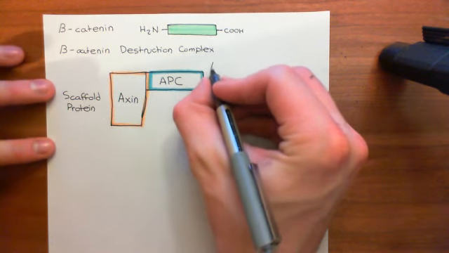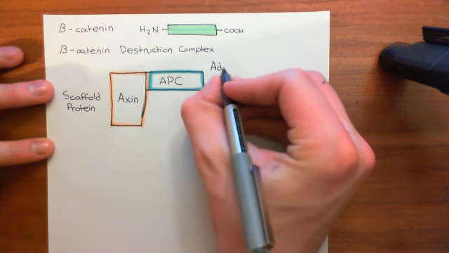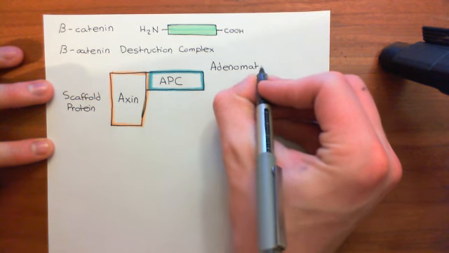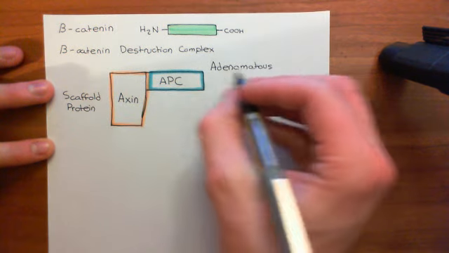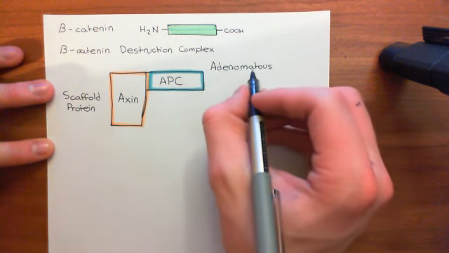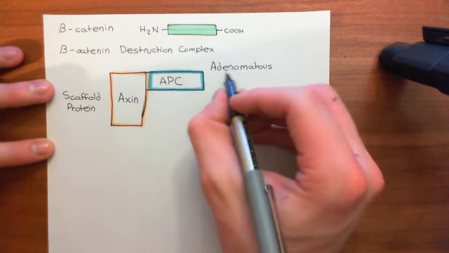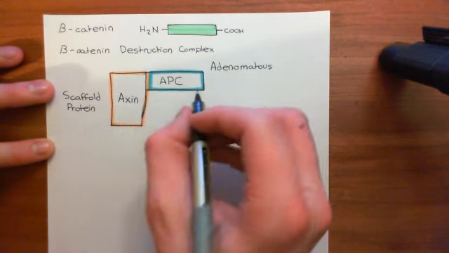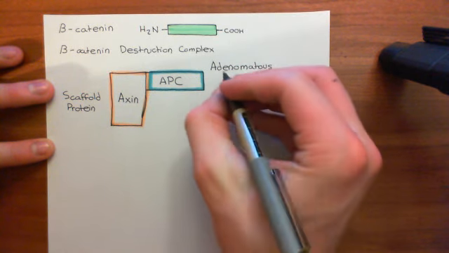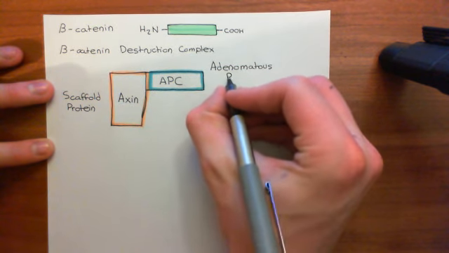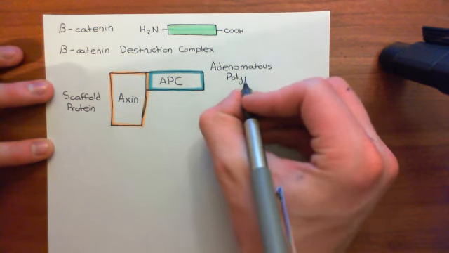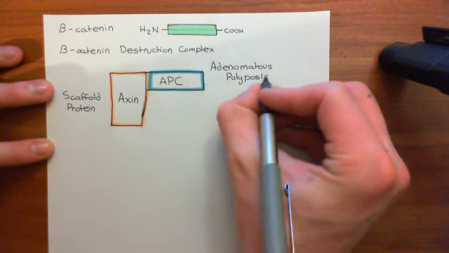It stands for adenomatosis polyposis coli. It's named after the disease, a hereditary predisposition to colorectal cancer that was found to be associated with mutations in this protein.